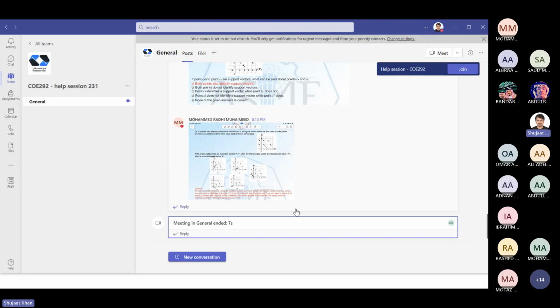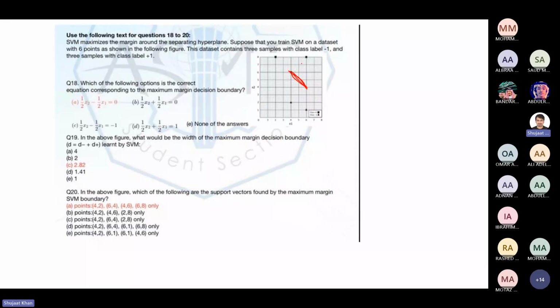I cannot see any question, so let's move forward. Anybody who has confusion in finding the orthogonal slope? Orthogonal slope is just simply -1 divided by the slope of the other line. Now we have slope and we have points.